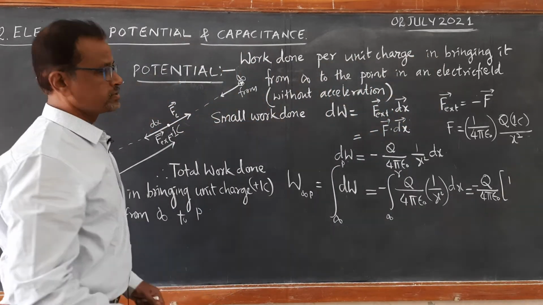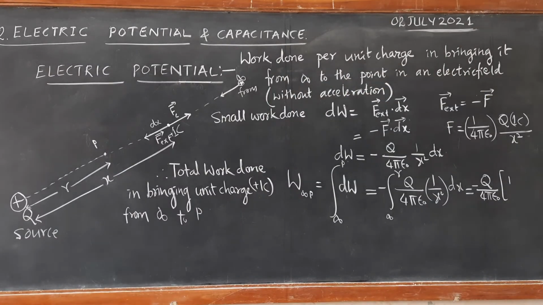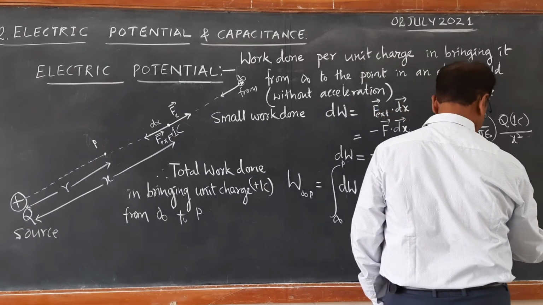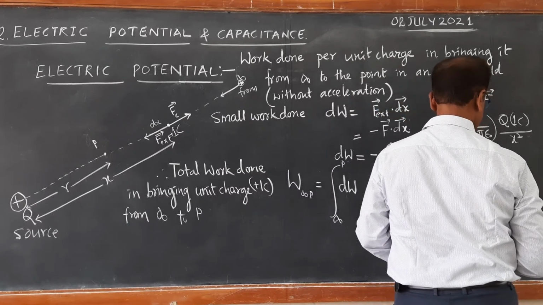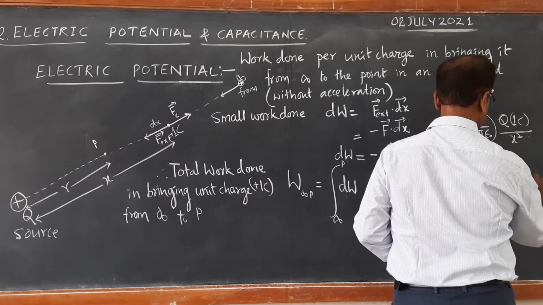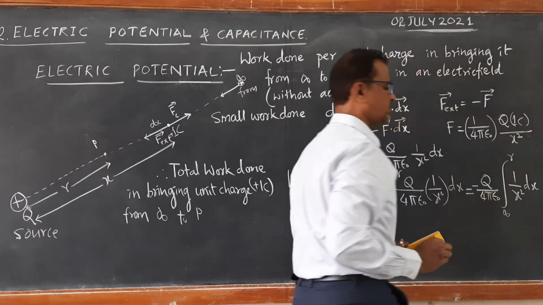Integration of 1 by x square gives you minus 1 by x, dx from infinity to position r.